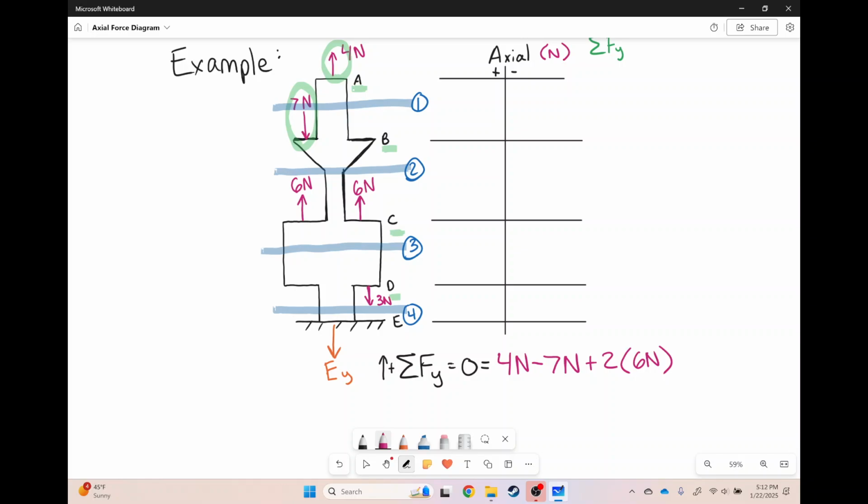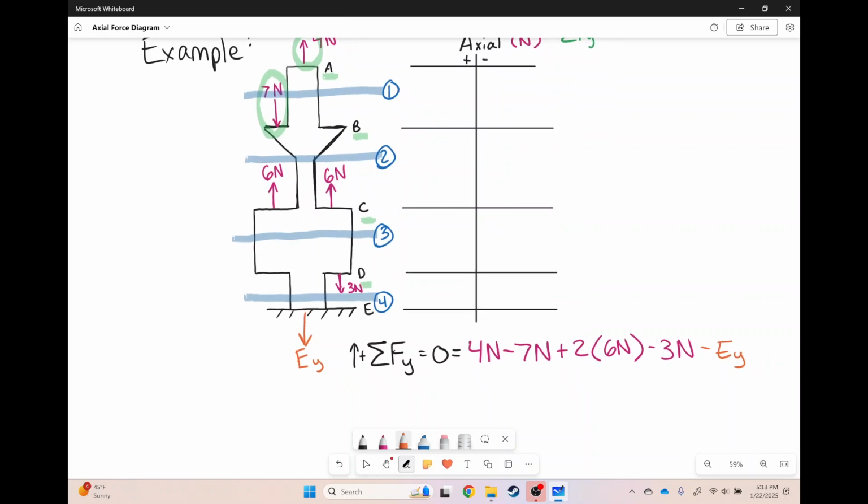We have a 3 newton force going down, so we'll minus 3 newtons there. And then technically how I drew it, EY is also going down, so we'll minus EY. Plug it in, we're going to get EY, and EY is equal to 6 newtons.